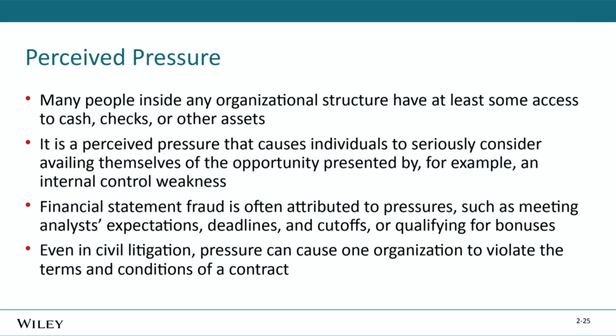Unless they put you in a little cubicle with access to nothing. I don't take that job, but most people do have some sort of assets that they can get at. It is a perceived pressure that causes individuals to seriously consider availing themselves of the opportunity presented by, for example, an internal control weakness.